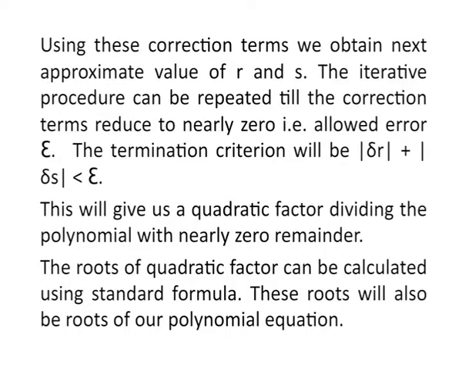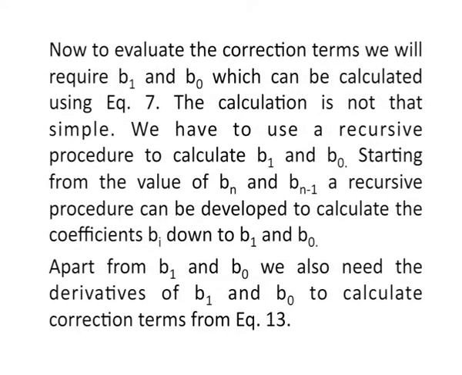Now, our problem is to calculate b 1 and b 0 and reduce them to 0. For this, what do we do? We use the expressions in equation 13, and there you can see that b 1 and b 0 are related to other coefficients. You can see in equation 7 that this work is not as simple as it appears.